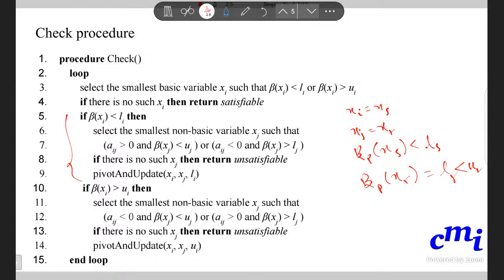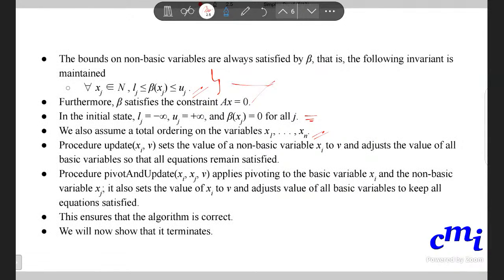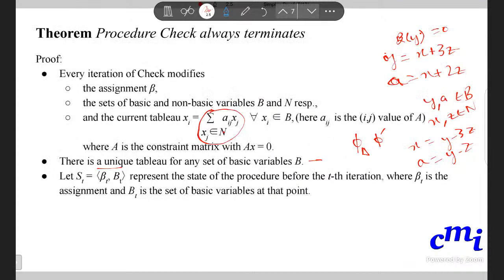For this to be selected, we have to have ASR, AIJ in this case, ASR greater than 0. So that's where this comes from.